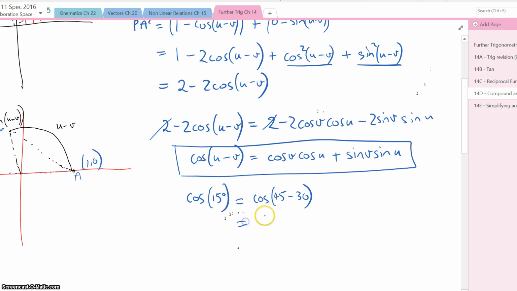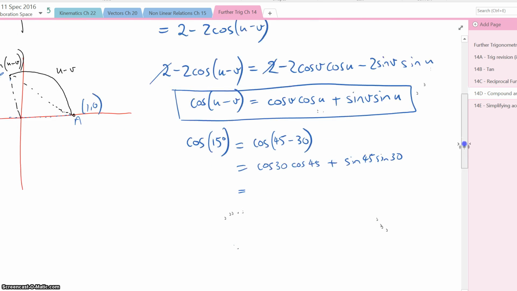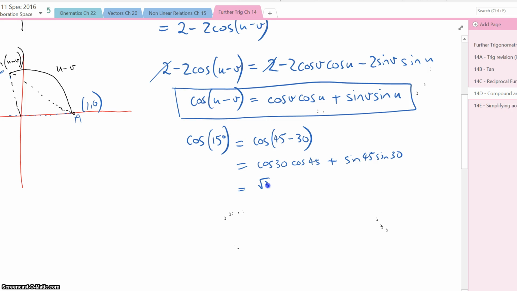So that has to be the same as cos of 30 times cos of 45 plus sin of 30 sin of 45. I think I might have mixed those around. Actually, it should be 45 and 30, but still, I think you get the picture. Now I can go to my special triangles and know all of those things. Cos of 30, root 3 on 2.